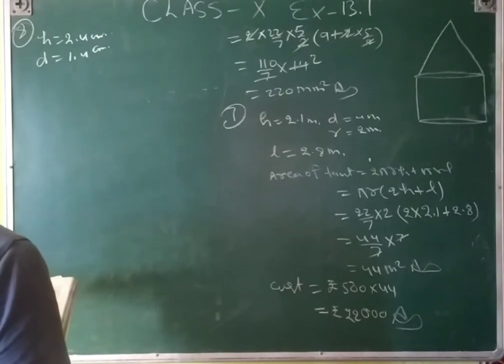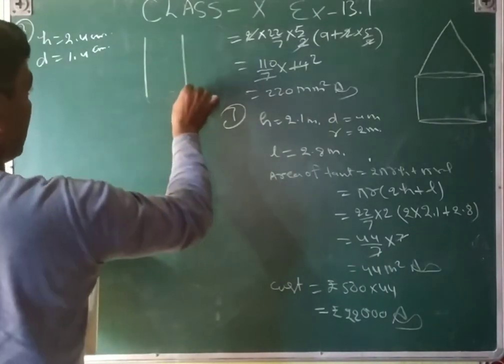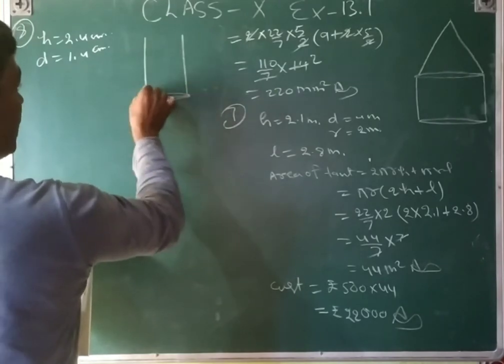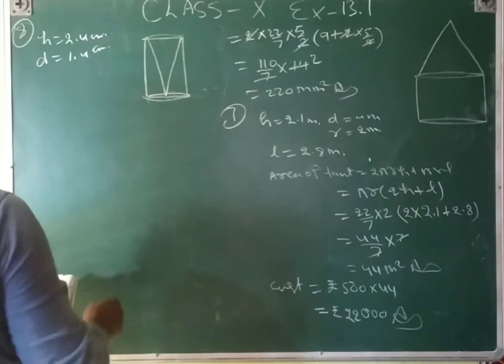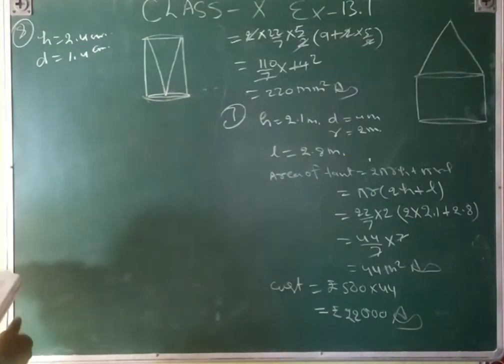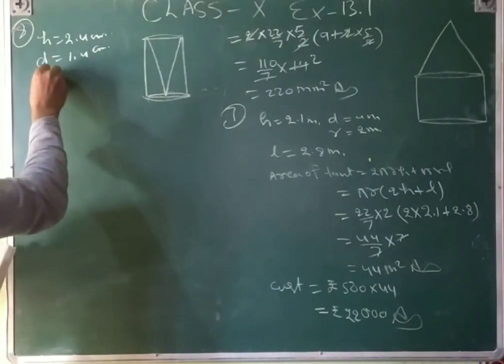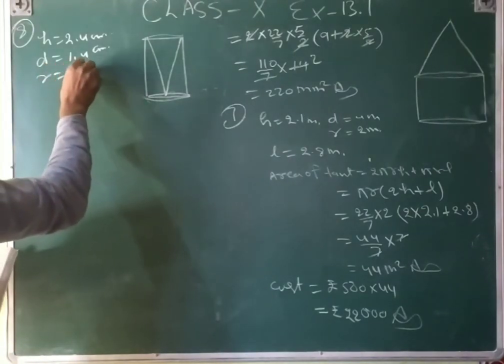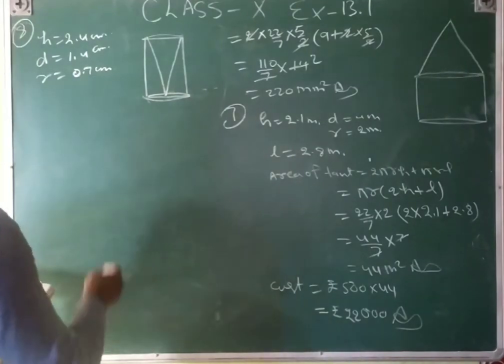Find the total area of the remaining solid to the nearest. It means that it is a cylinder, and then a conical cavity is cut, and then R is equal to 0.7 centimeter. So first of all we need to find the L.